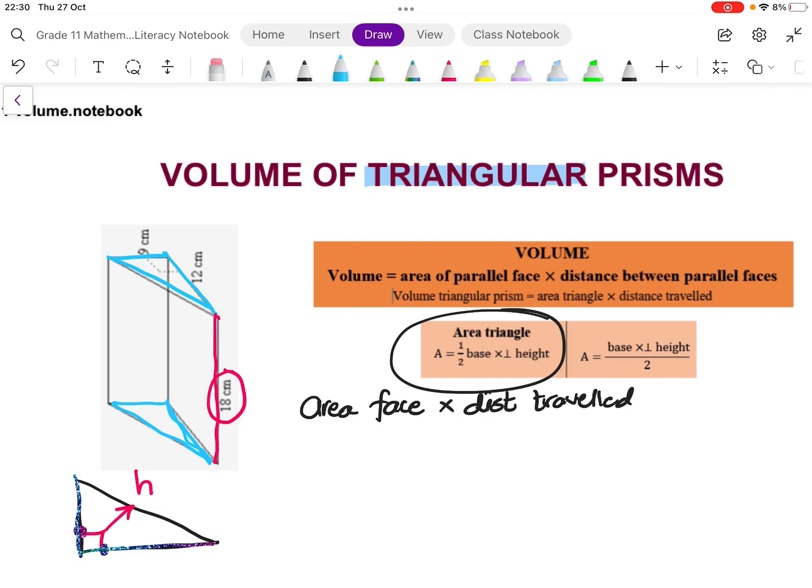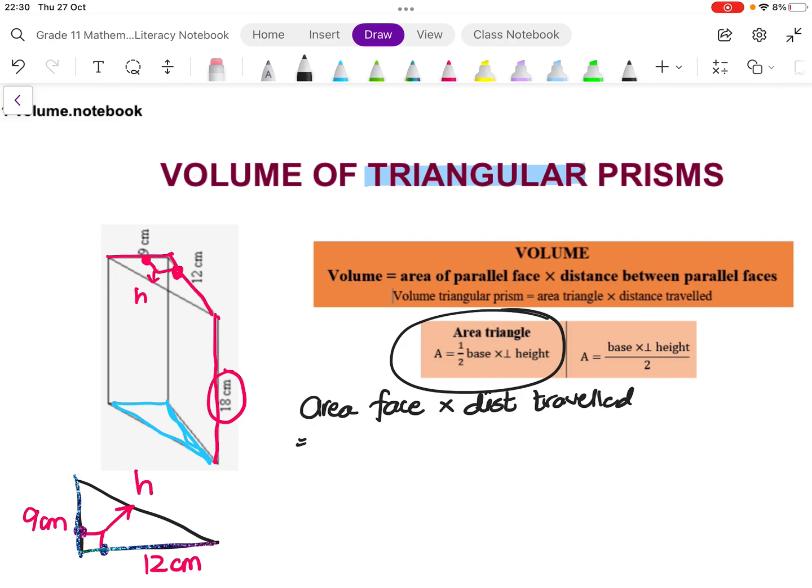And if I have a look here, let me just make it a little bit clearer. So this is my right angle here, which points to the hypotenuse. It connects this side, which is 9 centimeters, and it connects the other side, which is 12 centimeters. So that is the view from the top.